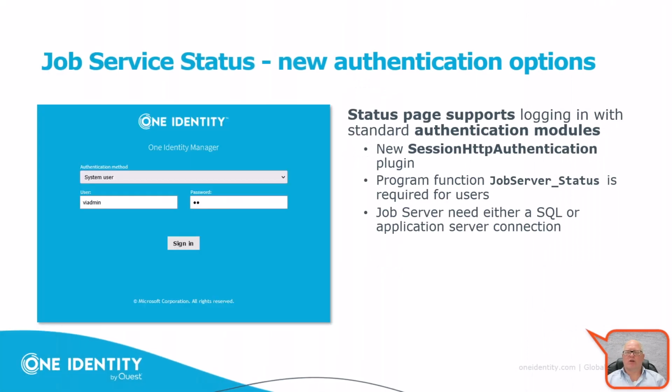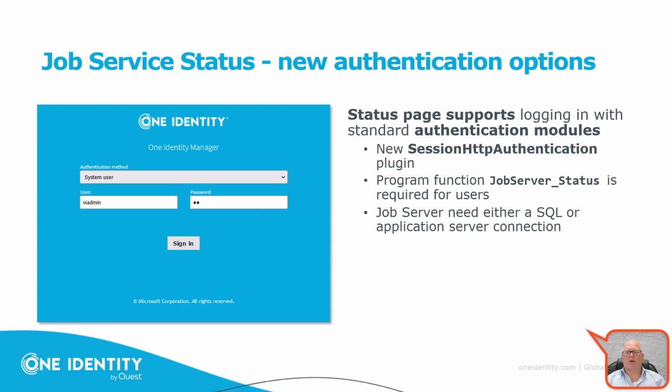The job service was getting a new feature as well. You know, in the past there was a specific authentication module called session HTTP authentication, and that module was prohibiting users from getting access to the status page of the Identity Manager if they were not authenticated. Therefore, in the past you were able to assign a specific Active Directory group or another feature to users, and they were then getting access.